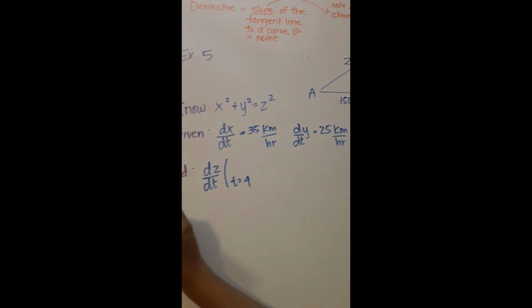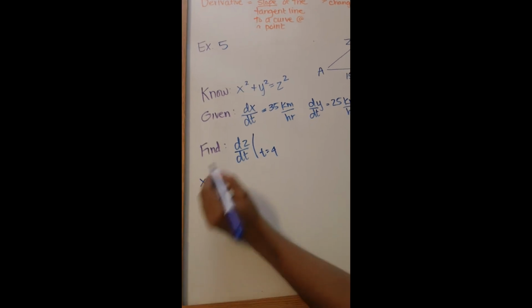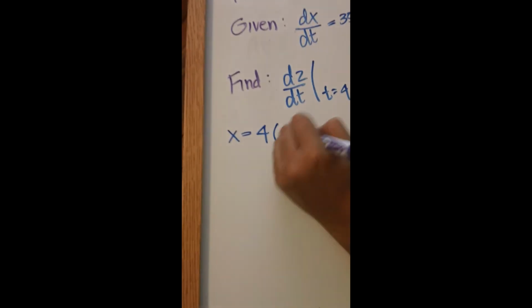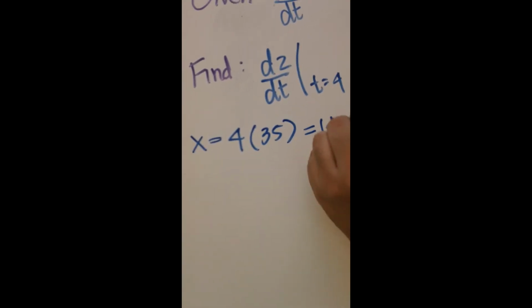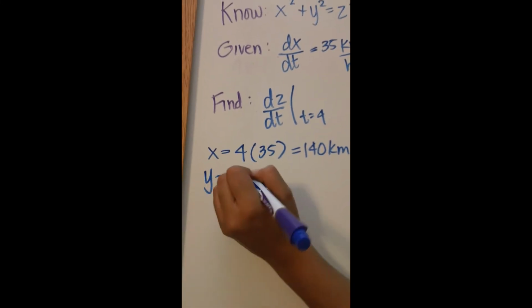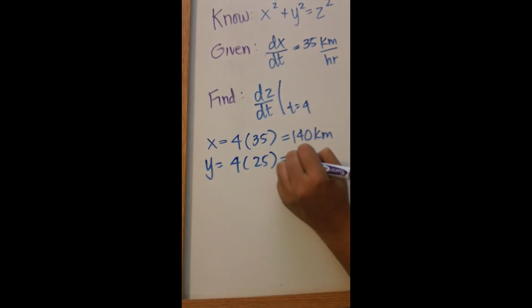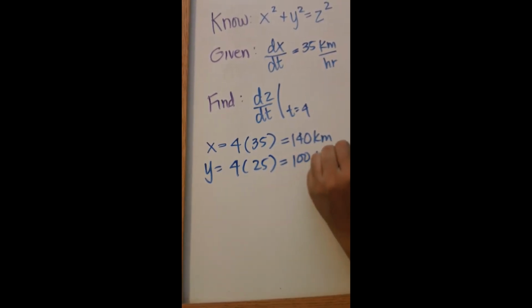Well, x will be, after 4 hours, it's going 35 kilometers per hour, so that's really 140 kilometers. Y will be 4 times 25, which is its rate, and that's 100 kilometers.